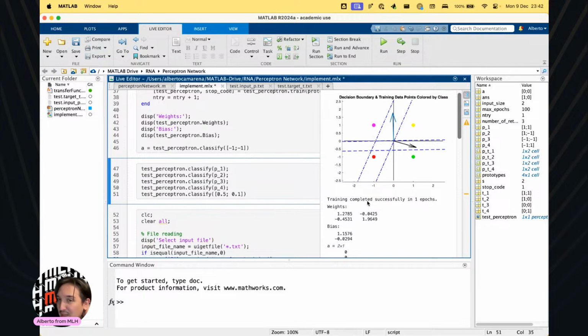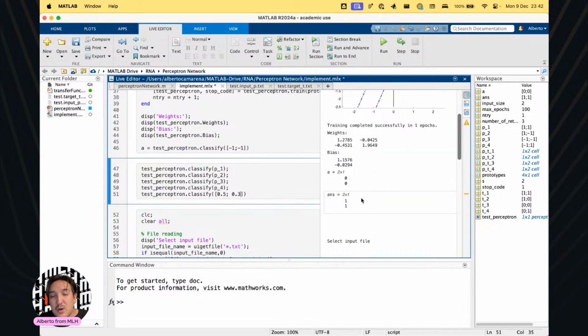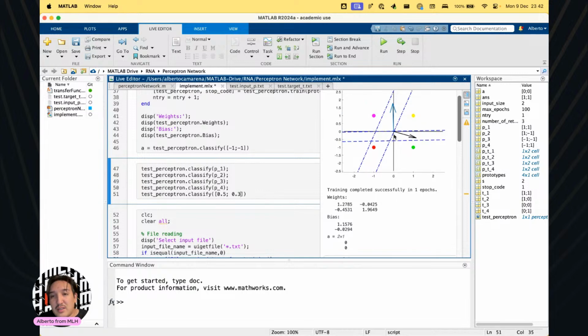Okay, that's interesting. 1, 0, it's here. Okay, maybe the line it's not crossing entirely here. Let me increase this by 3. 1, 1, yeah, exactly. Okay, so this line, at least this line.